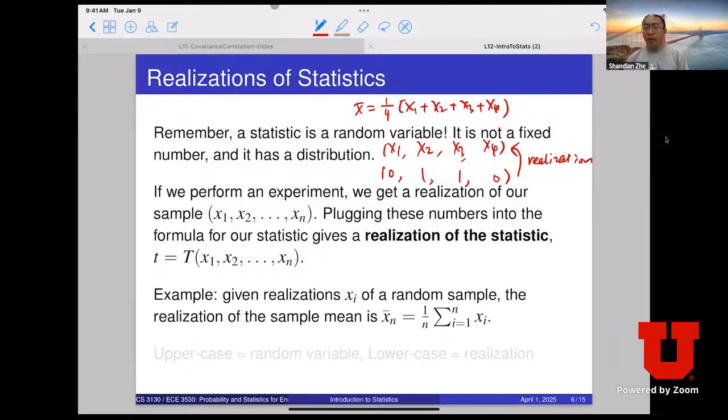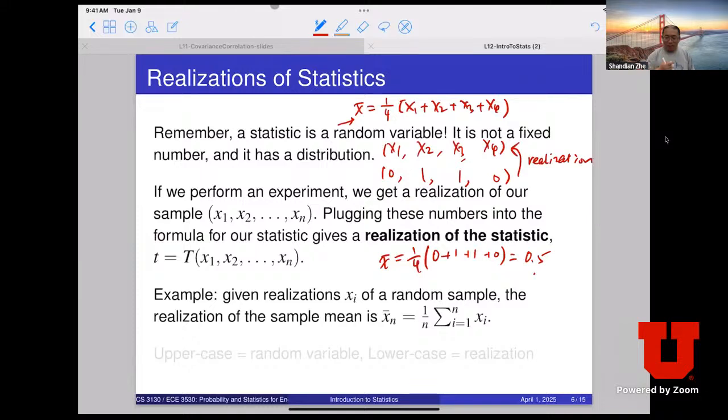Now I evaluate my sample mean from this realization, which gives 1/4 times 0 plus 1 plus 1 plus 0, which is 0.5. So this 0.5 is called a realization of my sample mean statistic. Does it make sense? Any question? I hope everyone is comfortable now.